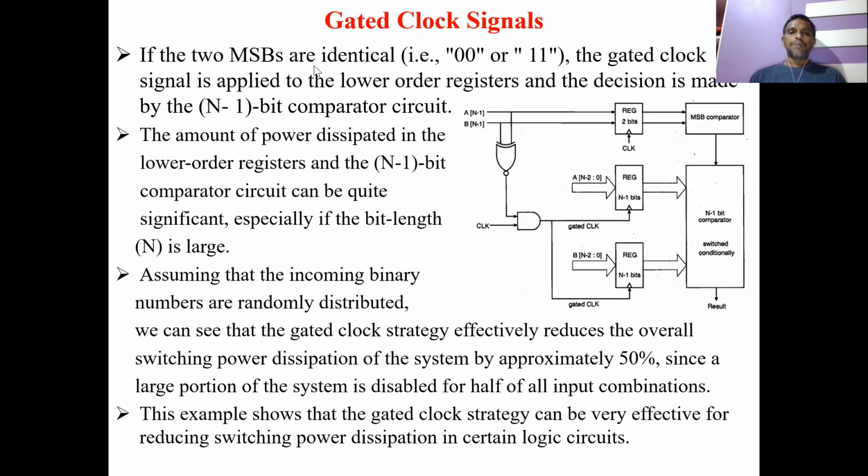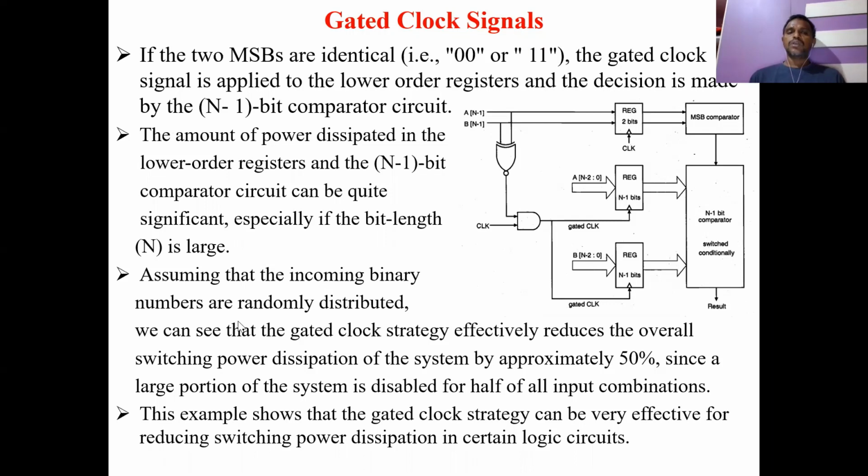If the two MSB bits are identical, that is 0 0 or 1 1, the gated clock signal is applied to the lower order registers and the decision is made by the n-1 bit comparator circuit. By using gated clock signals, we reduce almost 50% of the power consumption by disabling the clock signal for the logic blocks that are not being used. This method is called gated clock signal or conditional clocking.